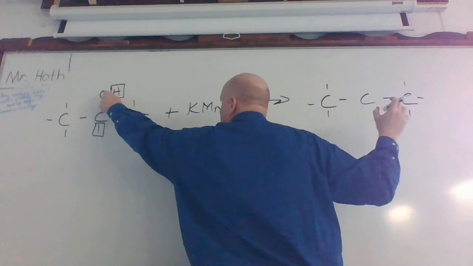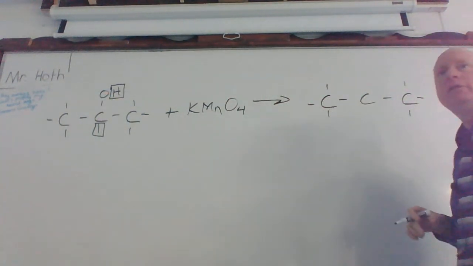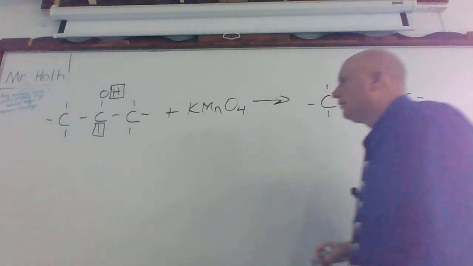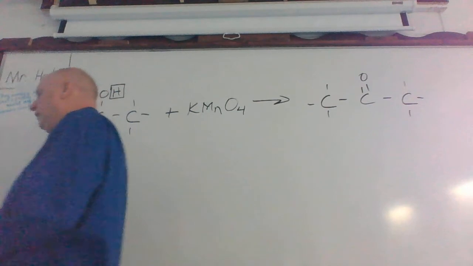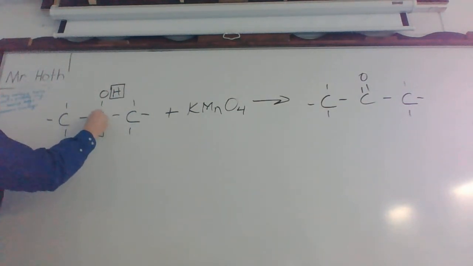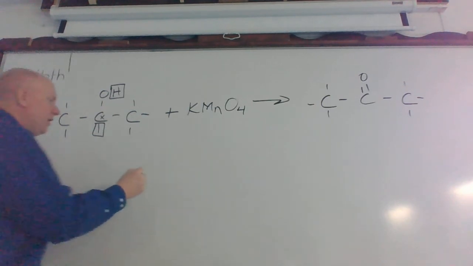So this oxygen stays, but in order to make that a ketone, what has to happen? We have that oxygen, but there's got to be a double bond on there. So this is one of those aspects where, when oxidation reactions take place, that's why tertiary alcohols won't oxidize. Remember, we say X marks the spot.